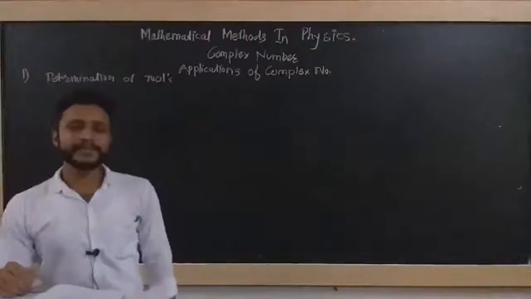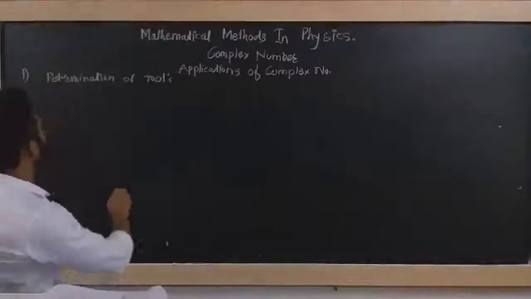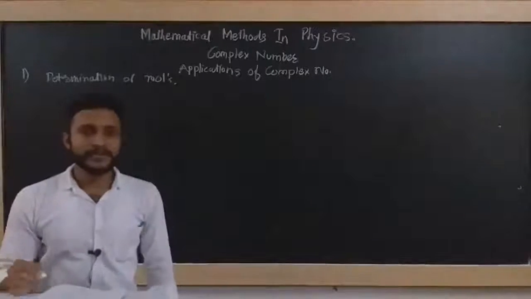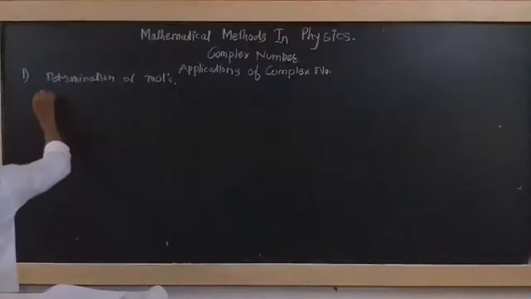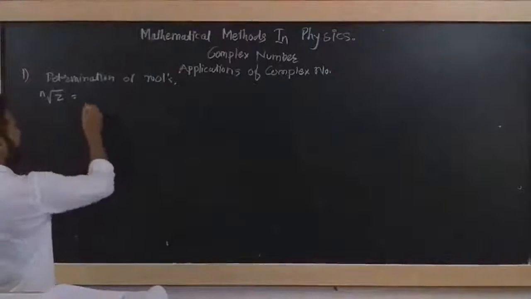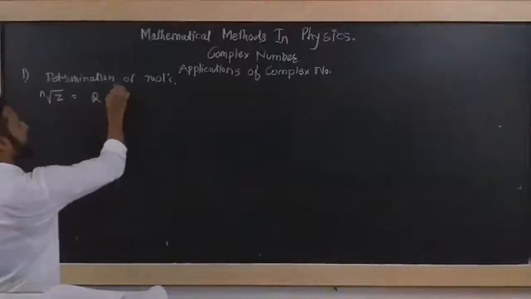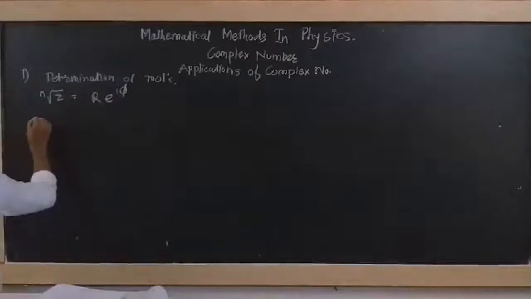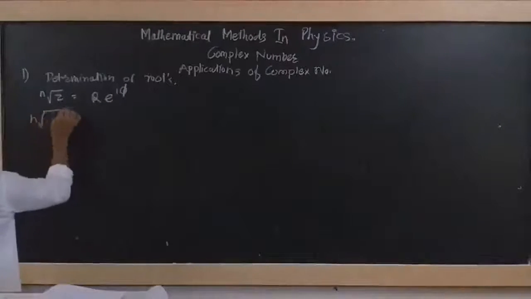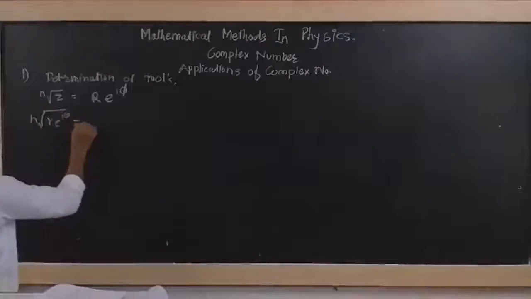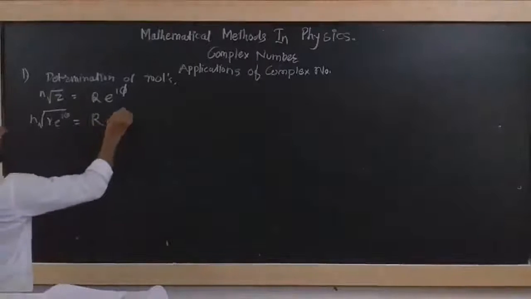Now the next category is to find out the roots of the given complex number. We already solved the problems. So we know that the nth root of z is also a complex number, r e raised to i phi. Don't forget this. Here z is r e raised to i theta, and the root is capital R e raised to i phi.